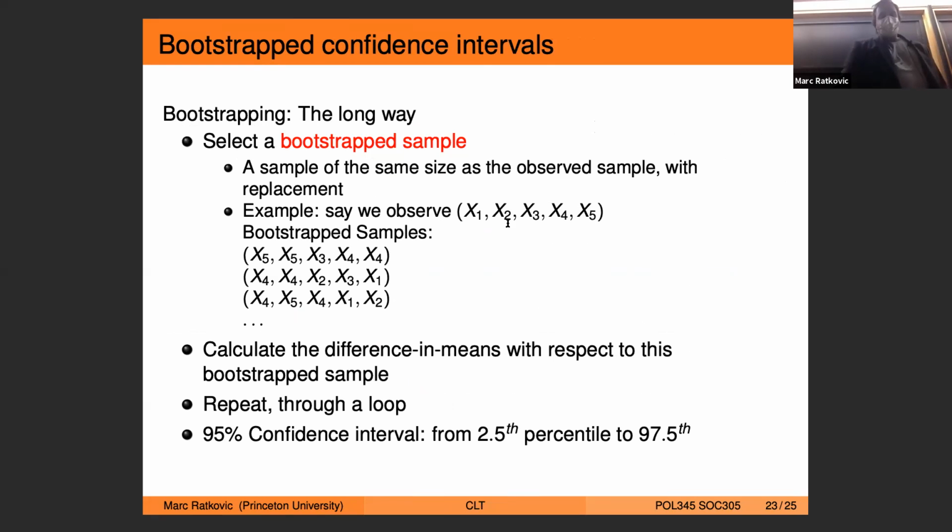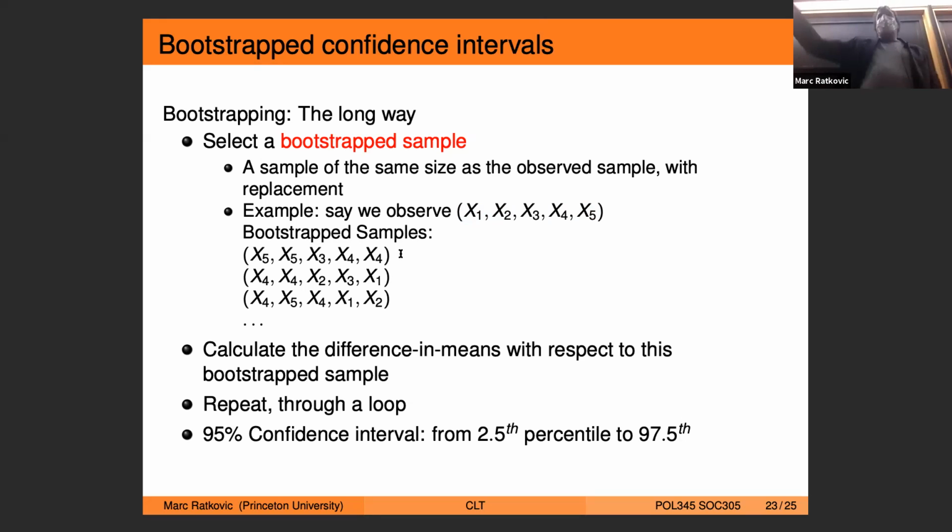Let's say we observe X1, X2, X3, X4, and X5. Okay, these are measures of something from 5 different observations. We want to know how we are going to get a margin of error or an uncertainty estimate from these 5 data points. The bootstrap samples are drawing 5 values from this with replacement. So in this case, the first bootstrap sample might be X5, X5, X3, X4, X4.